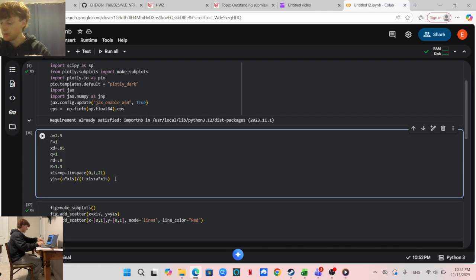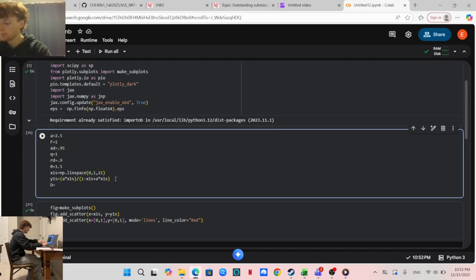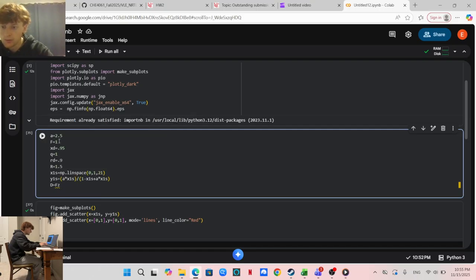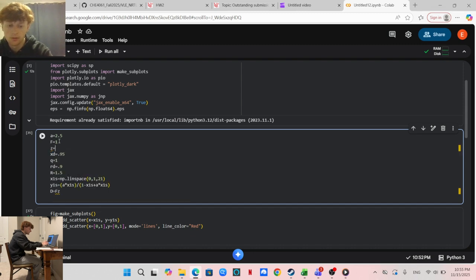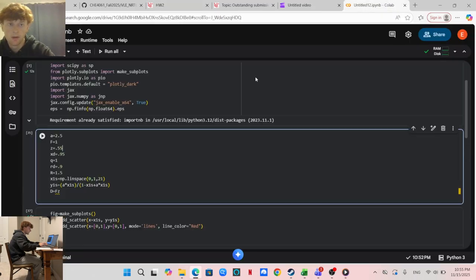So we can solve for our distillate, which is D, and that's going to equal our feed times our Z, which I don't think we defined yet, which is 0.55.